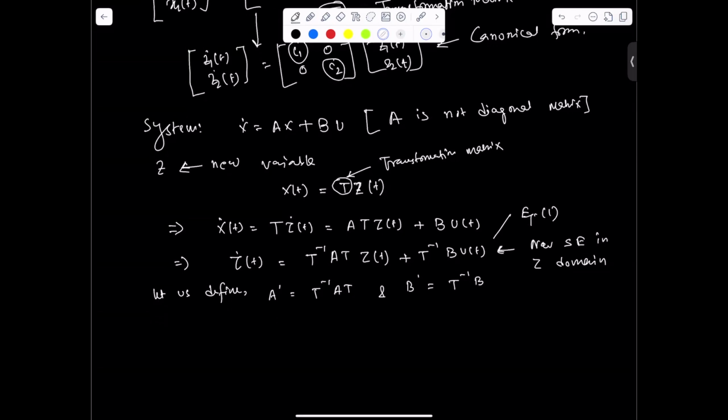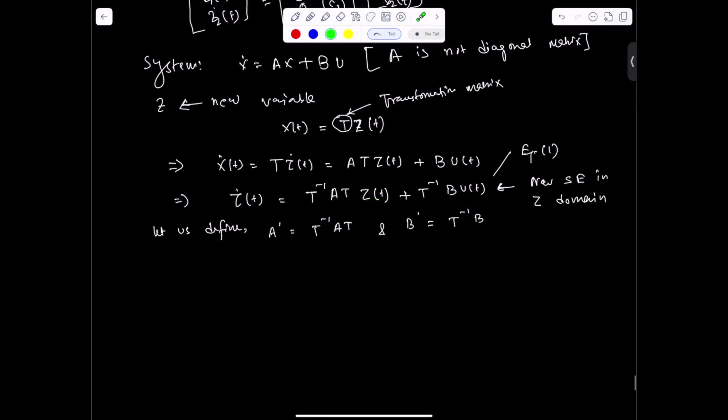So if you substitute these parameters in equation 1, we can write z dot t equals A dash z(t) plus B dash u.